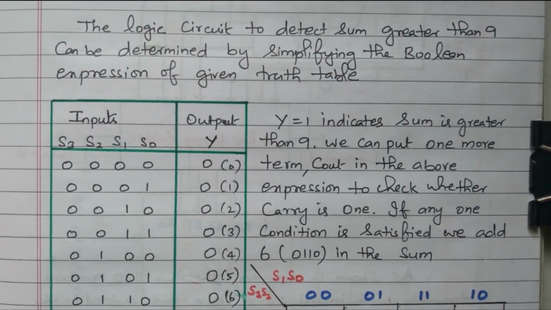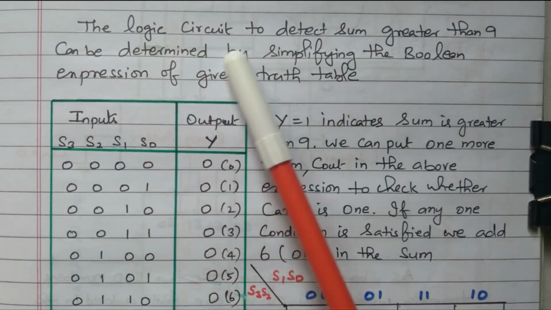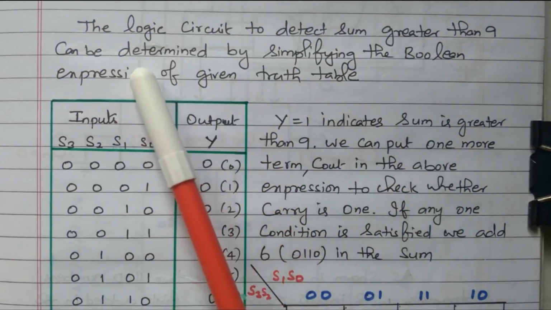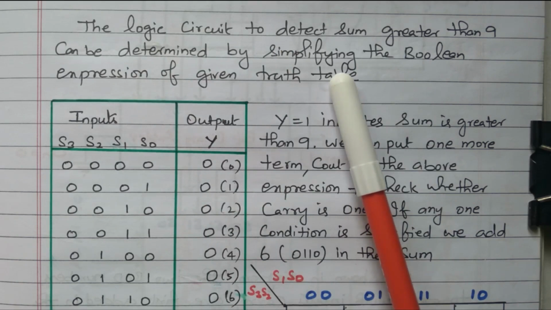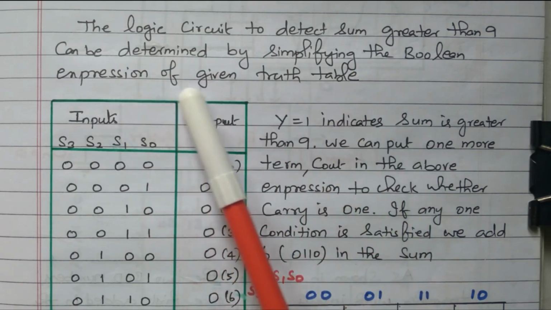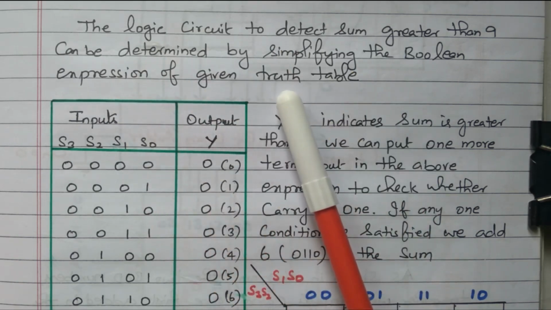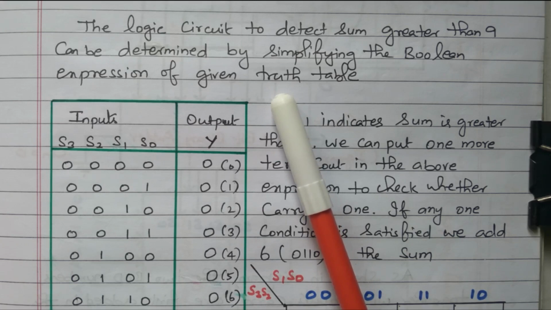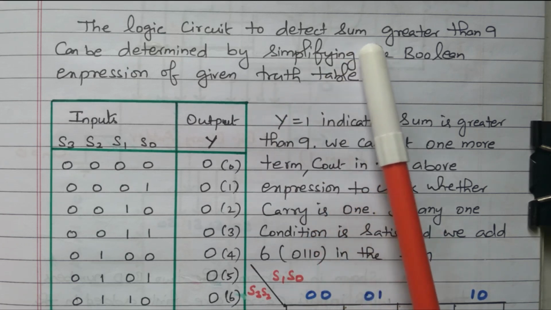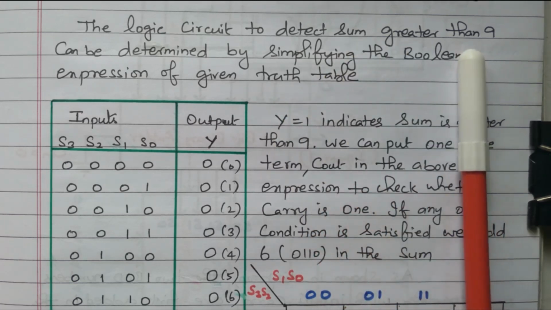Right. So the logic circuit to detect whether the sum is greater than 9 can be determined by simplifying the Boolean expression of the given truth table. By using this truth table, we can frame the logical expression that can be implemented with logic gates so that we can detect that the sum is greater than 9. Right? Okay.